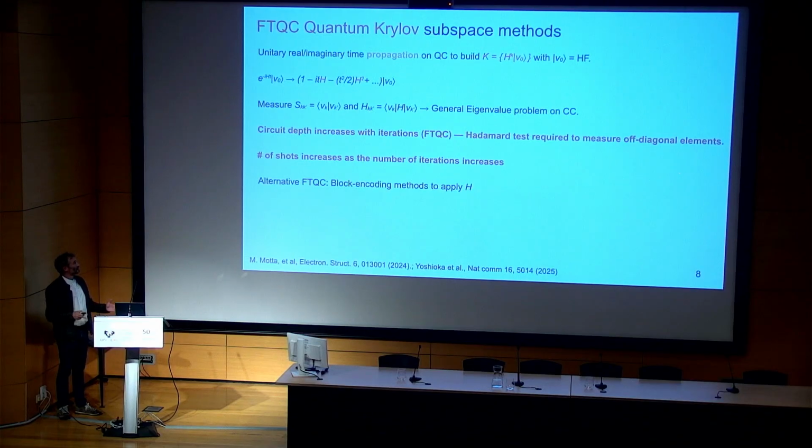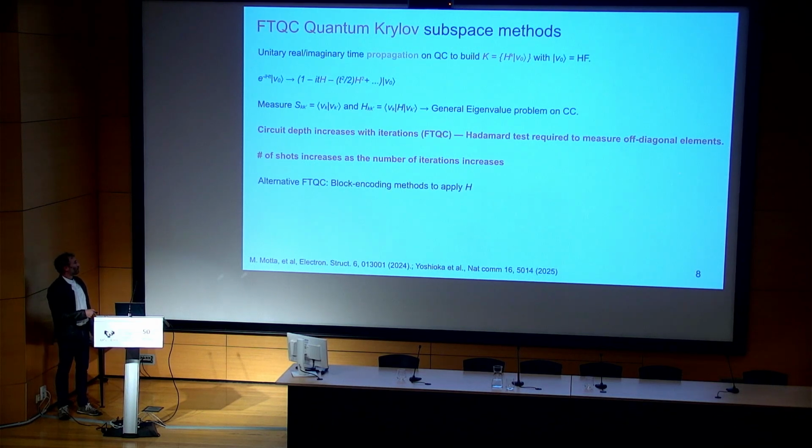So the size of the circuit will increase accordingly, and will become as deep as with quantum phase estimation, especially because to measure this kind of non-diagonal element, you require a Hadamard test, which is also demanding in terms of gates. And also, because what you measure becomes smaller and smaller, the number of shots also increases with the number of iterations.